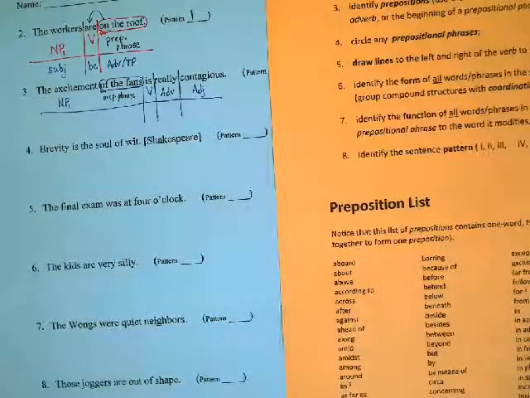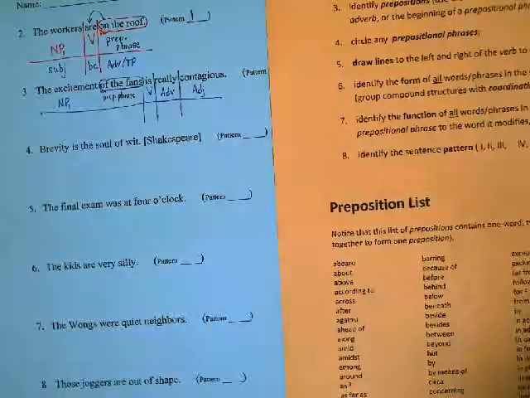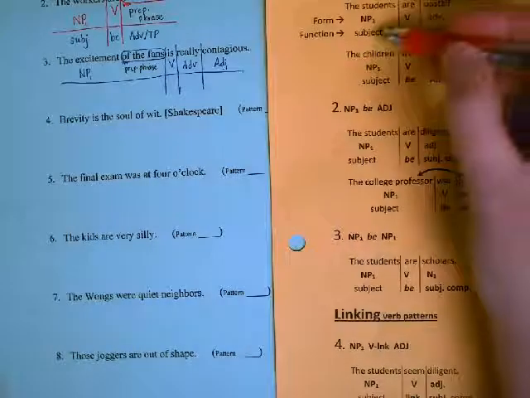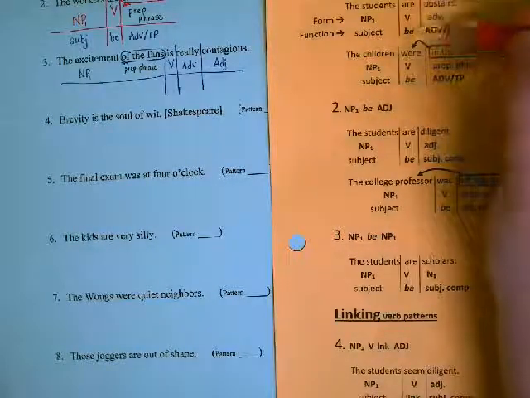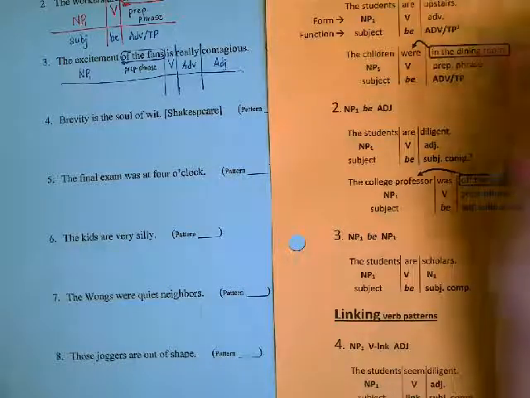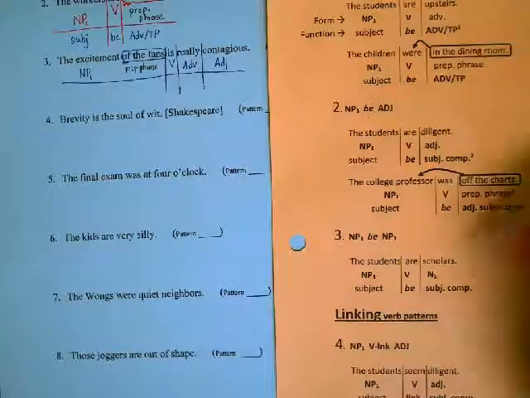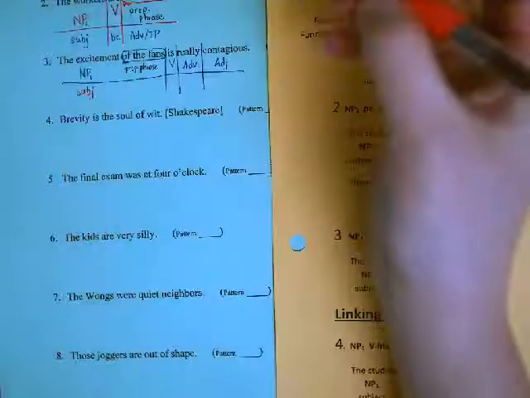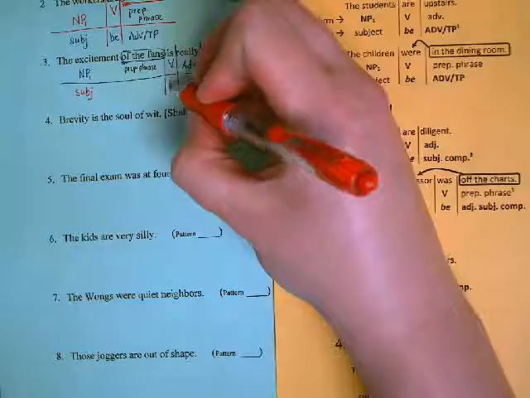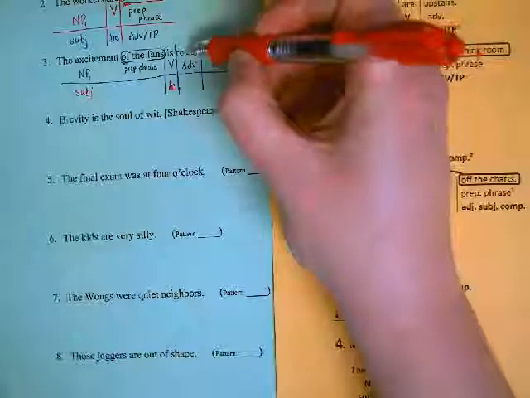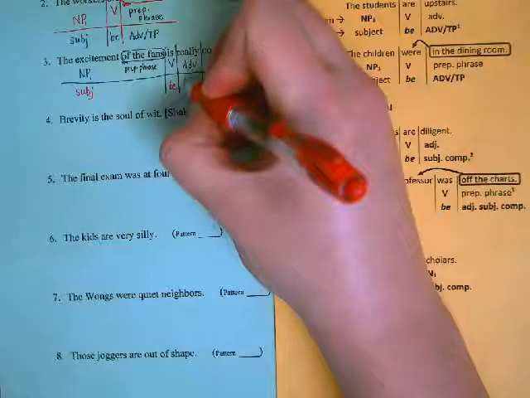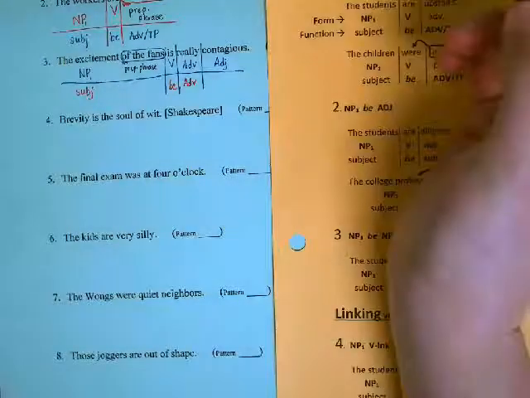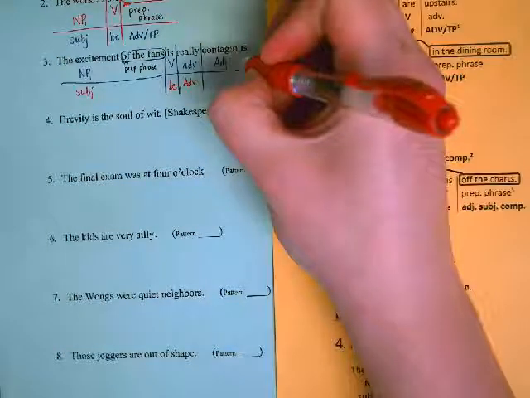So then function-wise, the excitement of the fans is really contagious. If we're looking at our sentence patterns, we need a subject, be verb, and then we have to decide: adverb of time or place, or do we have a subject complement? So the excitement is our subject, is is our be verb, really is an adverb in form and an adverb in function, and then contagious is what we're doing here.